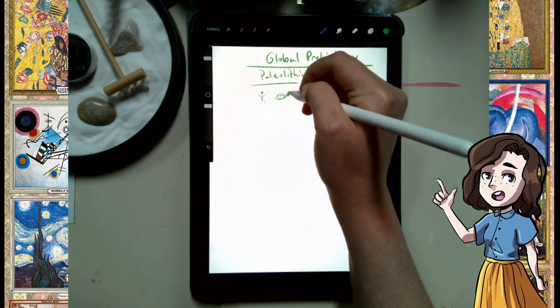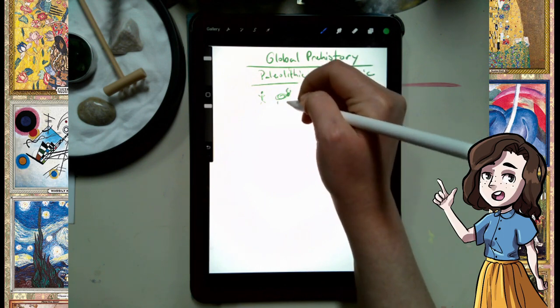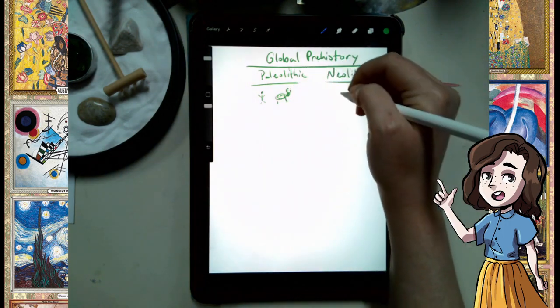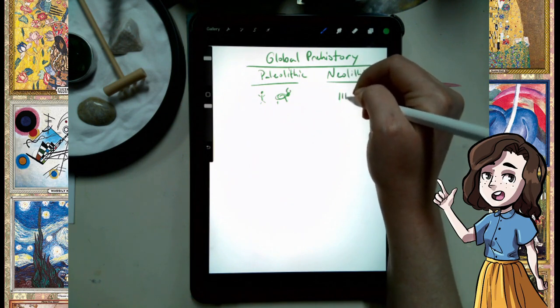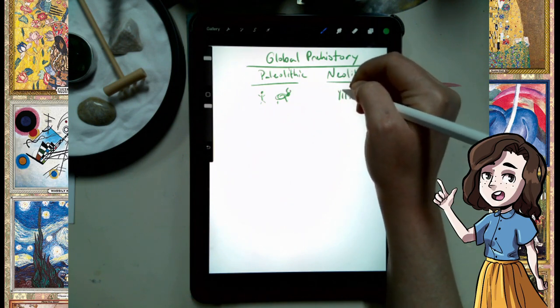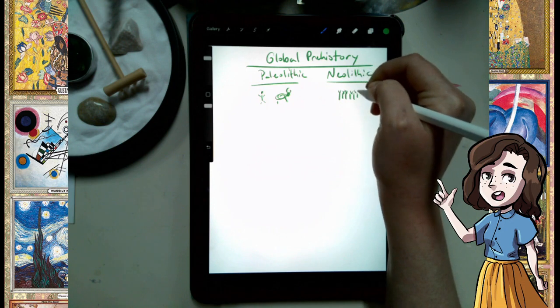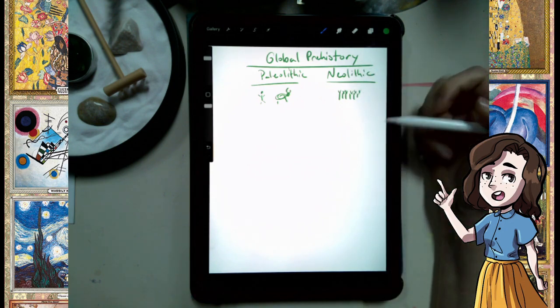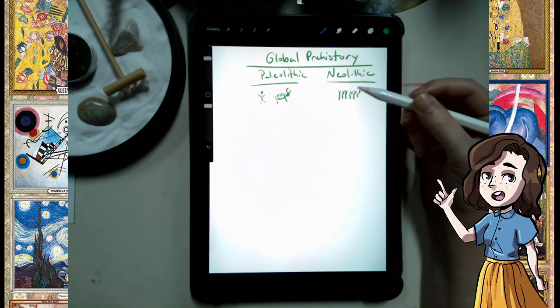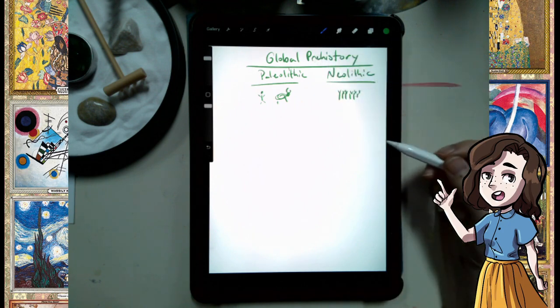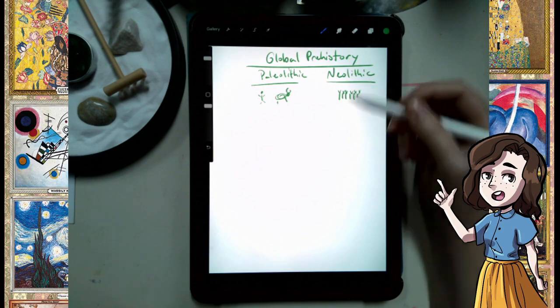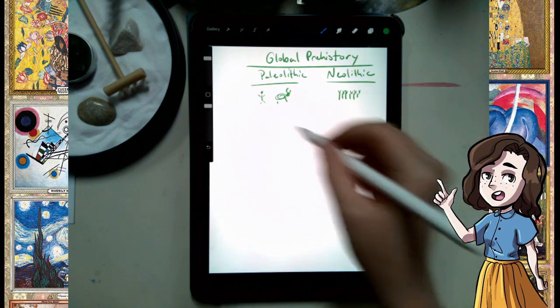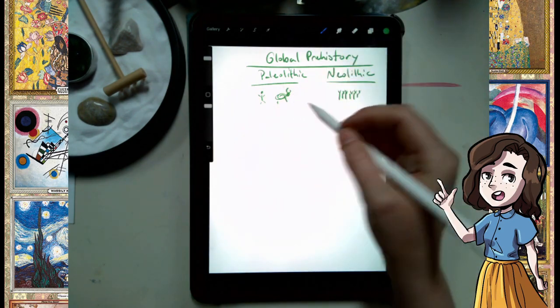So they're fighting for their food, and Neolithic people are our farmers. We'll pretend that's wheat. This is not considered civilization yet, because global prehistory means it's before writing. That does ignore oral history traditions, but for the sake of context, that is the big difference.